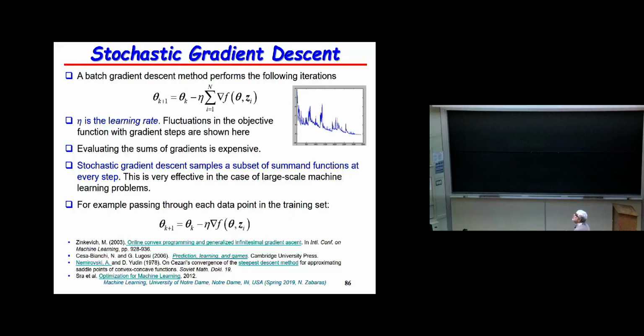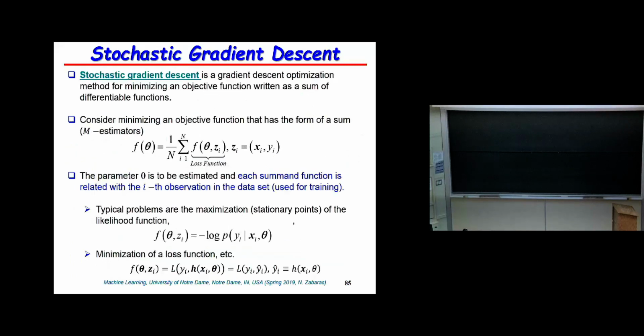All right, so for a problem that has this form, how do you compute the parameters? You compute the parameters using gradient descent, and this is the general form. So you basically use the gradient of these noisy representations of your function, okay? And this is the most general formula that I give you at the top.